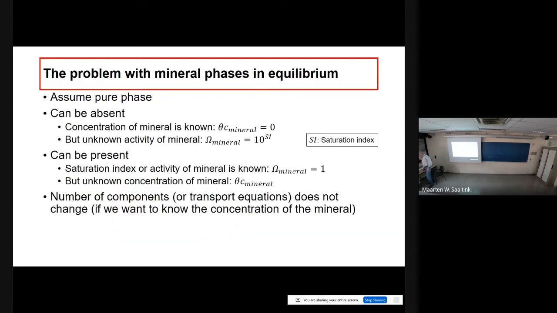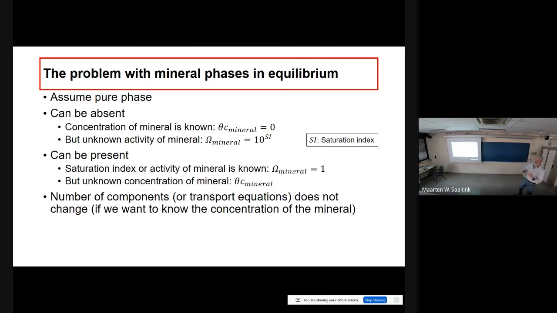This is a little bit of illustration, and then there is always a big problem that we have in reactive transport, which is minerals. Minerals, we usually assume that they are pure. So if I have calcite or gypsum, I say that the calcite or gypsum only contains calcite or gypsum.